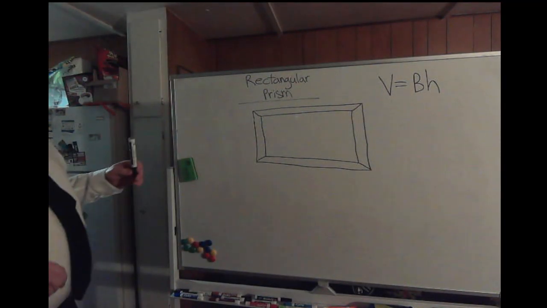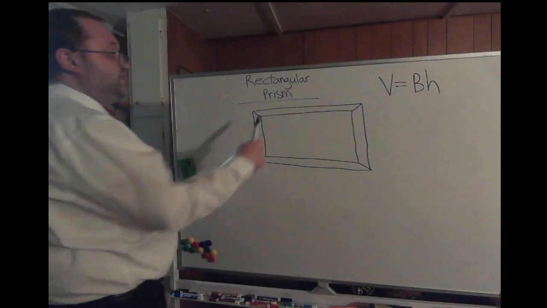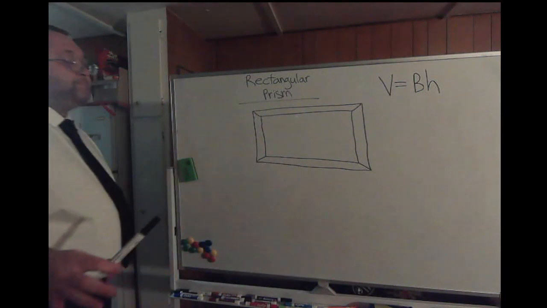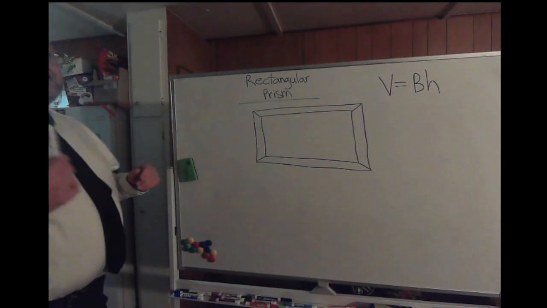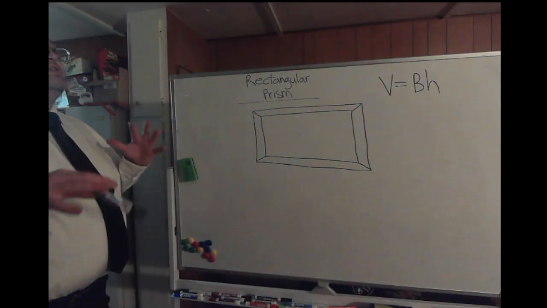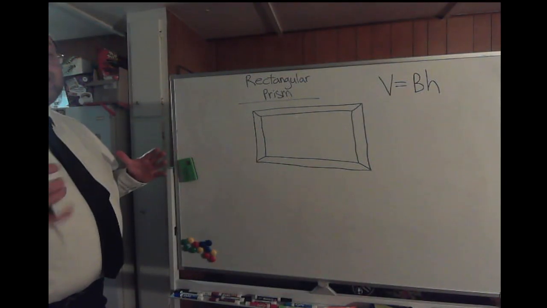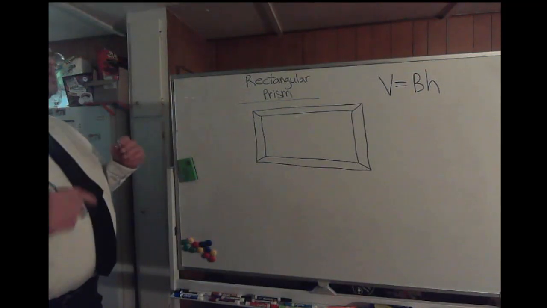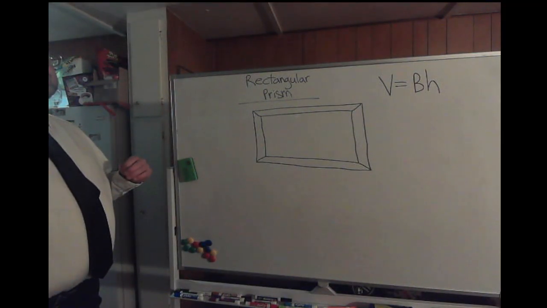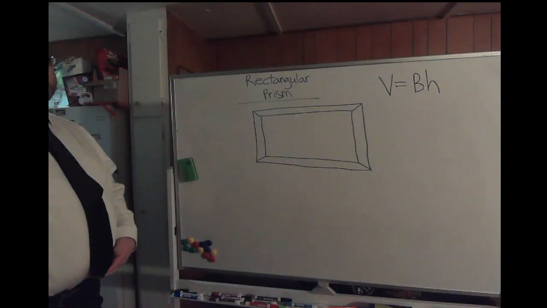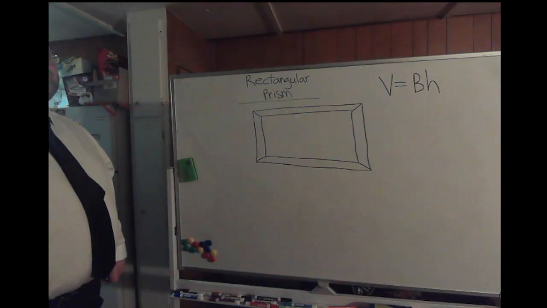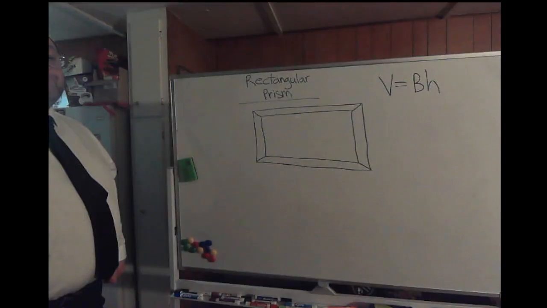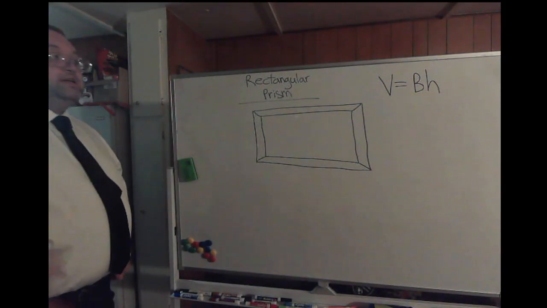We will start out here with our first example, which is a rectangular prism. If it's a rectangular prism or a triangular prism, what have you, a pentagonal prism, that means you have a base at the top and the bottom of the prism that are both the same shape, whether it's a rectangle, a triangle, a pentagon, what have you.